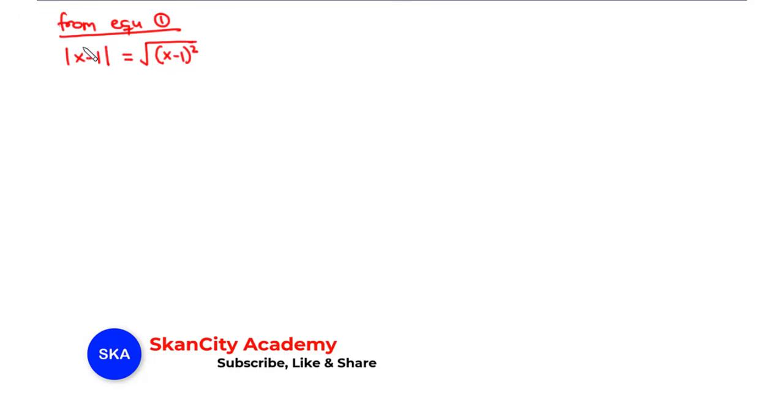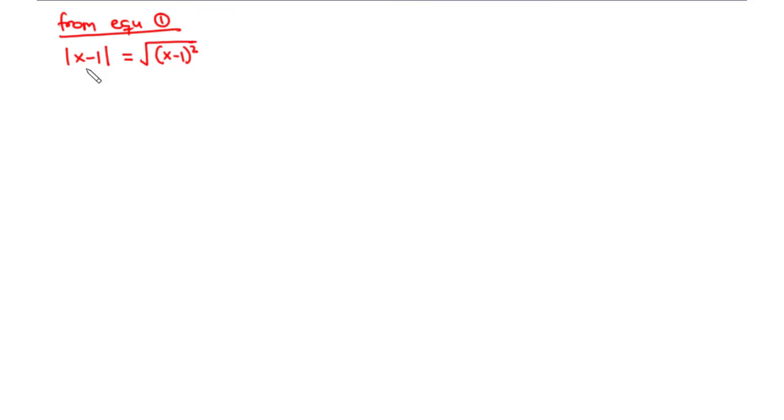Whatever value we have here, the absolute value of this value is equal to the square root of the square of that particular value. So this is a property of the absolute value. Now if this is the case, then we say that this thing on the right hand side is always less than or equal to the square root of (x minus 1) squared plus any other non-negative thing.